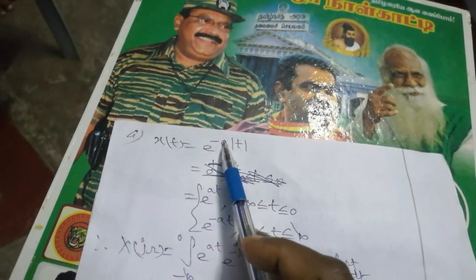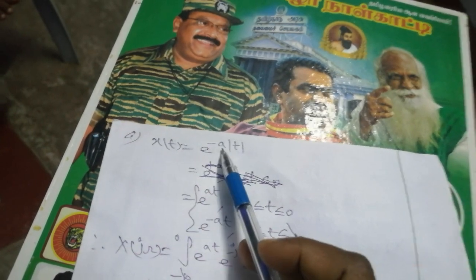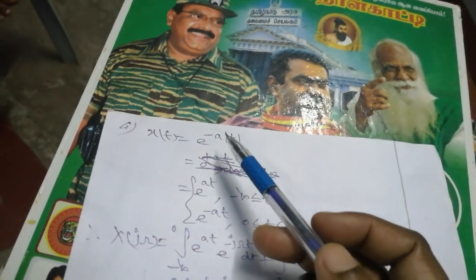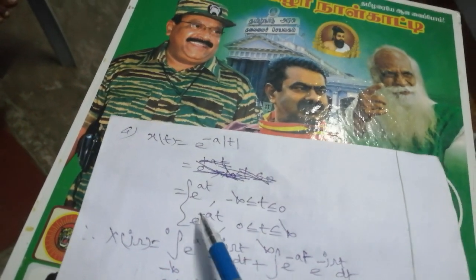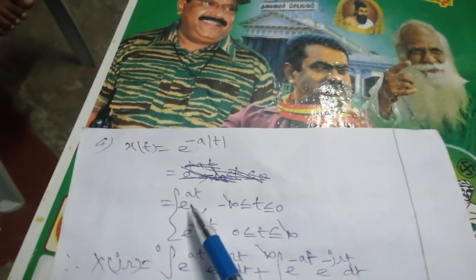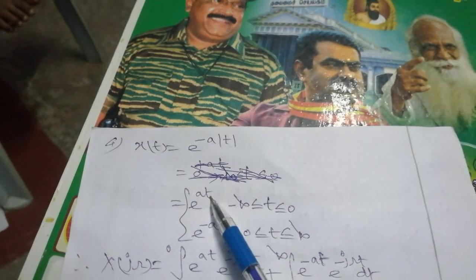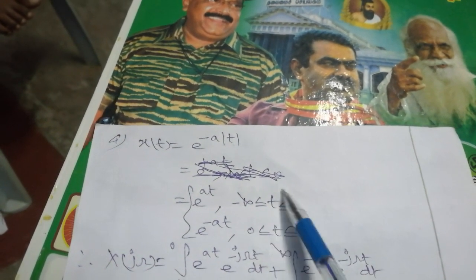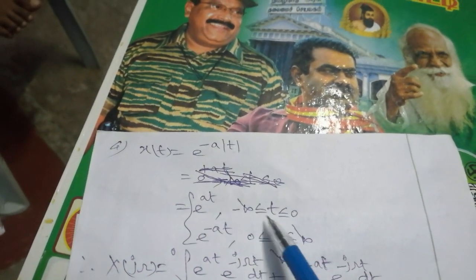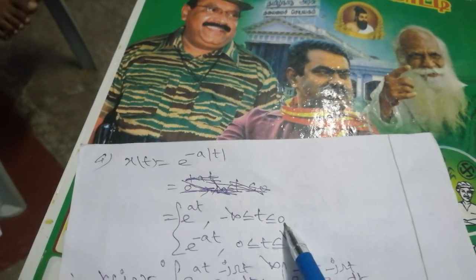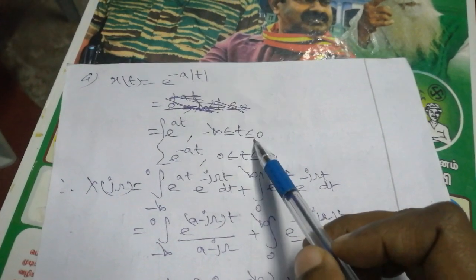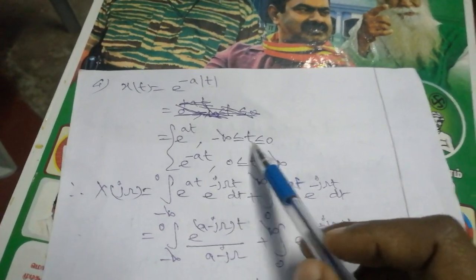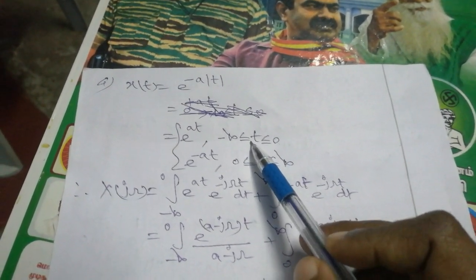Always a negative power will be there for any of the t values. So this can be expanded in this way. It can be expanded as e power at when t takes negative values, that is between minus infinity and 0. We know when t takes values between minus infinity and 0, t is substituted with only negative values.